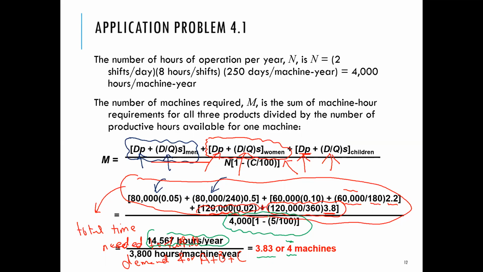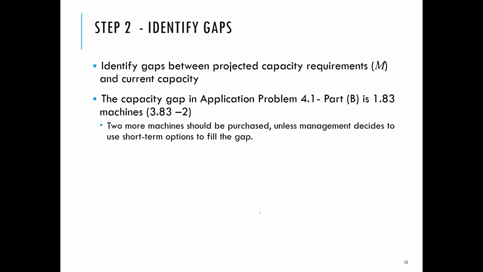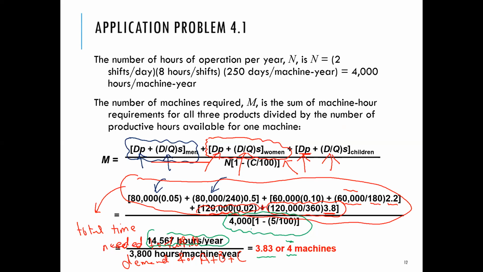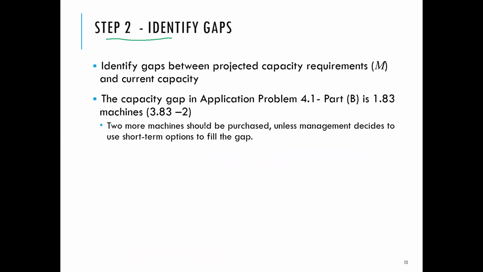Now that takes care of the first step of the 4 steps. Now the second step actually is identify gaps. In the last slide we found out that we need 4 machines to fulfill the demand. Then the question said that if you already have 2 machines, how many additional machines do you need?